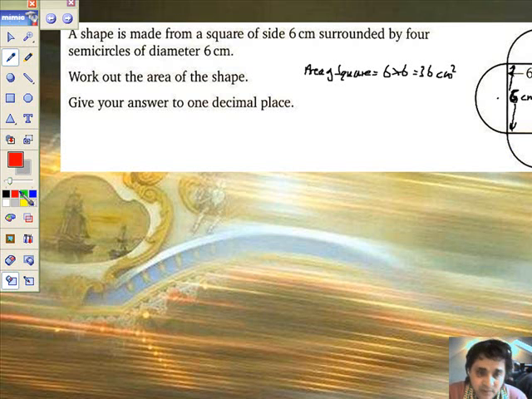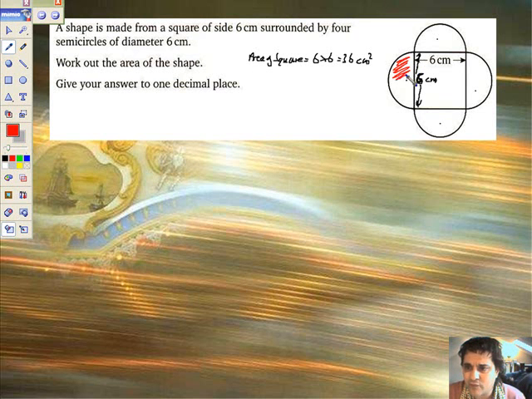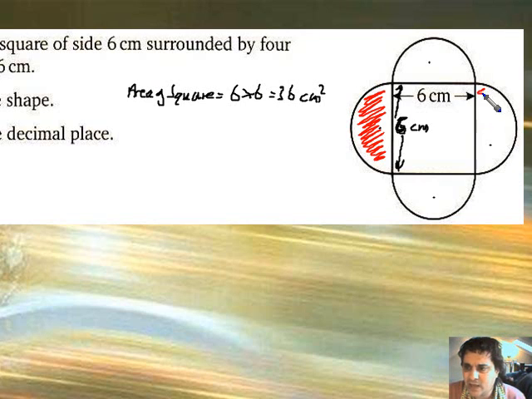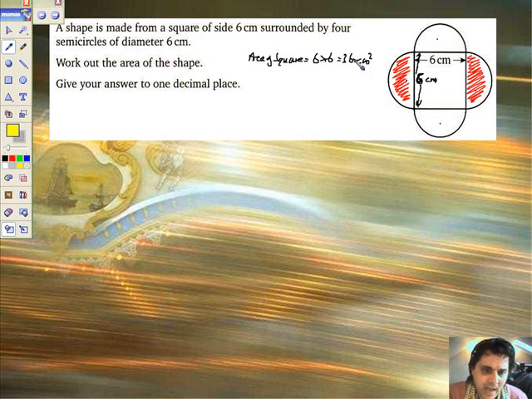Let me just shade it for you. So for example, that red half can go onto that red half and make an entire circle, and this yellow half up top can fit together with this yellow half down the bottom to make a pretty yellow circle. You get me?